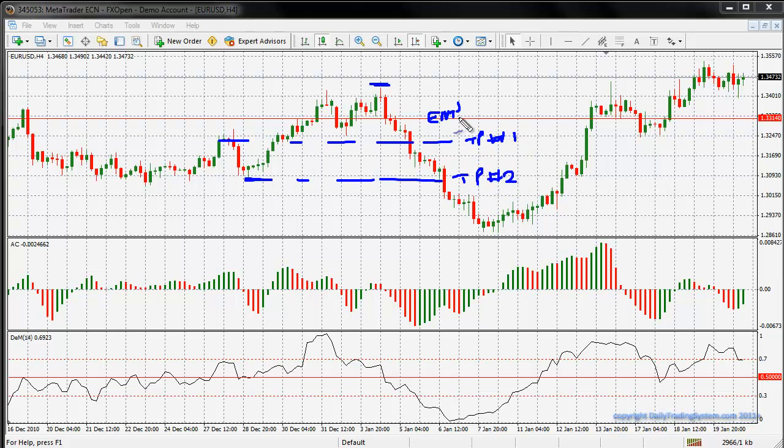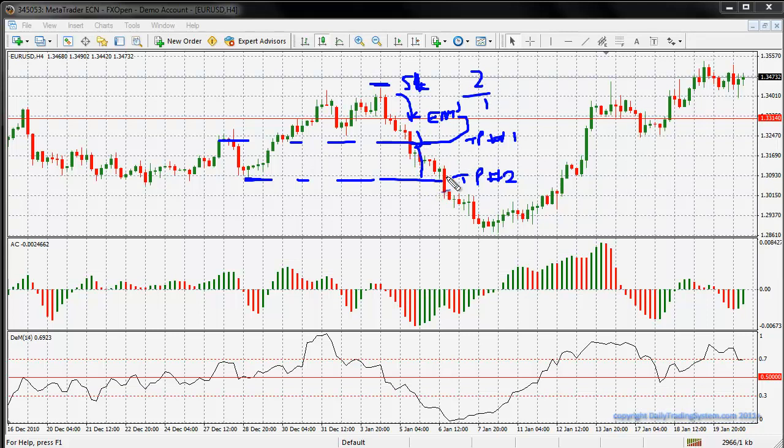As the market comes down, we'll bring our stop loss down to break even, and then we'll take off half the position. So we've got 2 lots riding, we take 1 lot off, and then we've got 1 lot riding from here down to there.